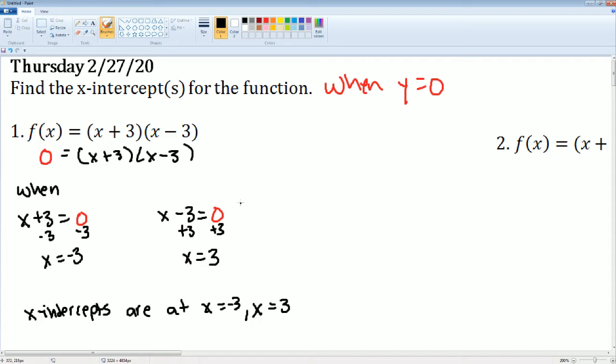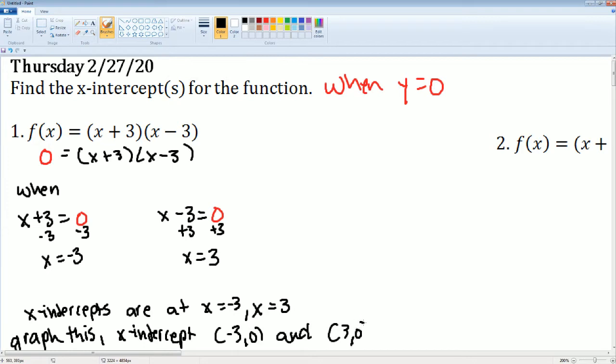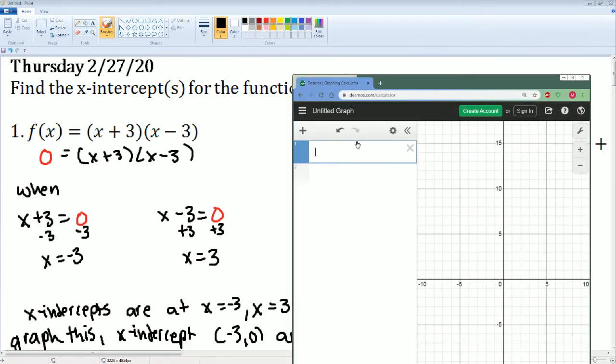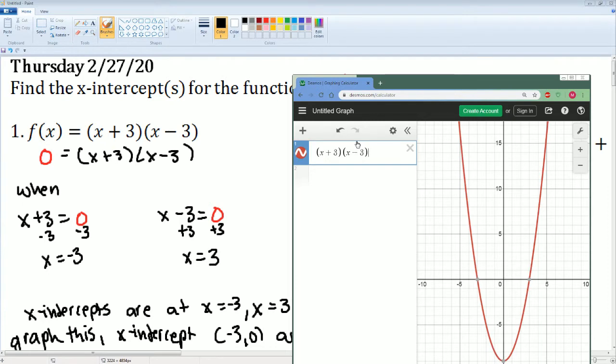This means when you graph this, the x-intercepts are at what points? Negative 3, 0, and 3, comma 0. Let's see if that's correct. All right, so let's put that up in Desmos. So x plus 3, x minus 3.